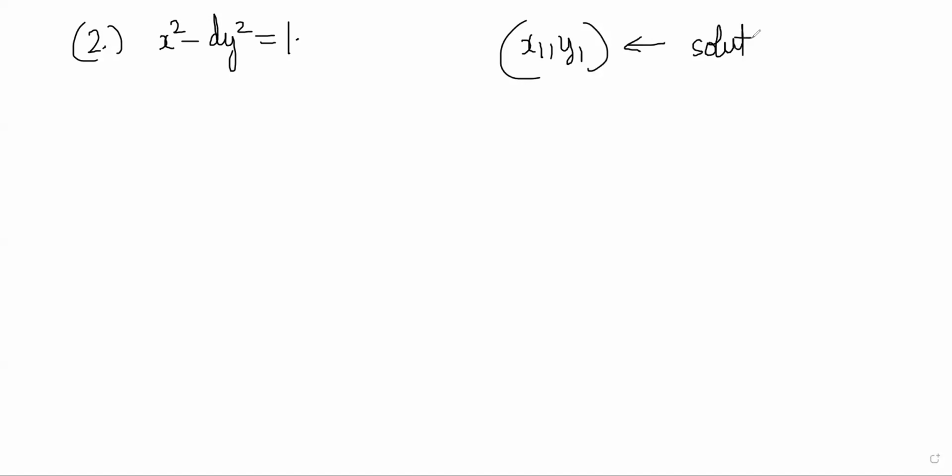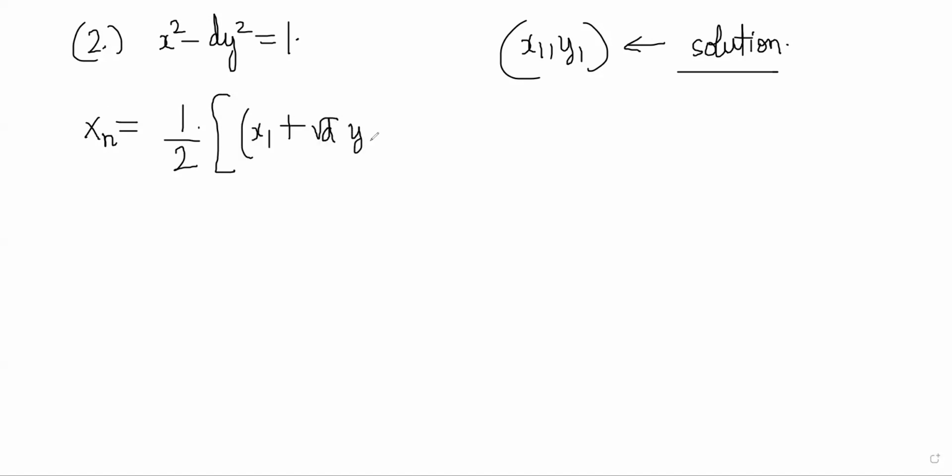So our equation is this. This is the second equation, x square minus d y square equal to 1. And let's say x1, y1 is the solution that you have found. And you may find it by trial and error. How do we construct any other solution? x n can be written as 1 by 2 times (x1 plus root d y1) power n plus (x1 minus root d y1) power n.